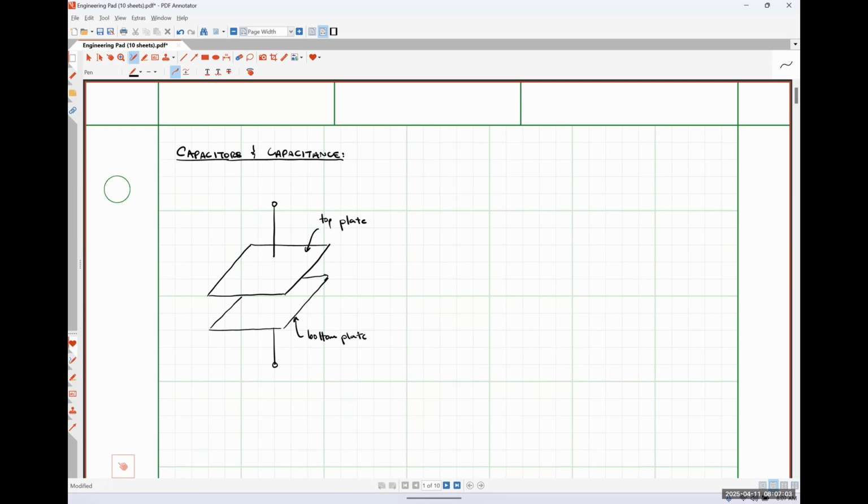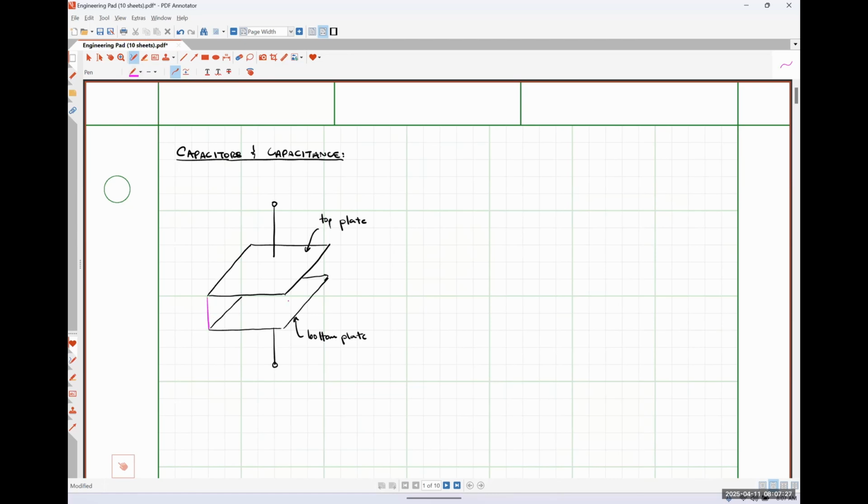Okay. So in between those two plates, there may or may not be what's called a dielectric medium. So we can think of it as there always being some dielectric medium, but sometimes that dielectric medium is literally a vacuum or the absence of anything. And that dielectric material will have some sort of material properties.